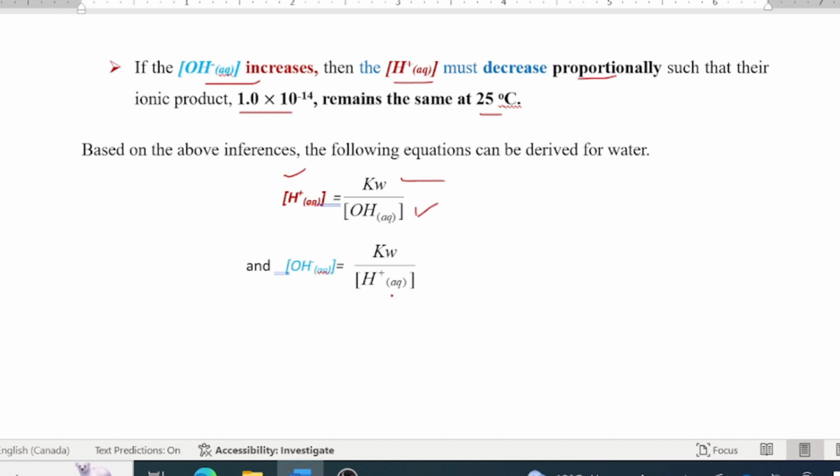If you know what the H plus concentration is, and of course we always know what Kw is, you can find the OH ion concentration. So hold these three equations together, as we'll be using these to find the concentration of hydrogen ions in a solution given OH, and we'll be required to find the OH ion concentration in a solution given H, since we know what Kw is.